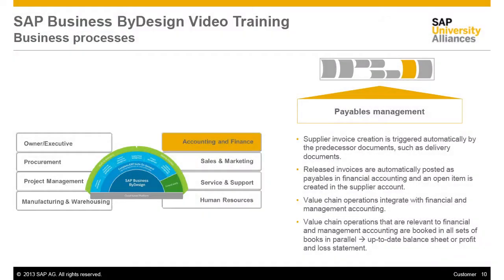The outgoing payment process, known as payables, covers the retirement of liquid funds in the company. Outgoing payments decrease the cash and cash equivalents such as a cash balance or bank balance and are utilised in the liquidity forecasting undertaken by the company. Supplier invoice requests are triggered automatically by the preceding process, such as the posting of an inbound delivery document.